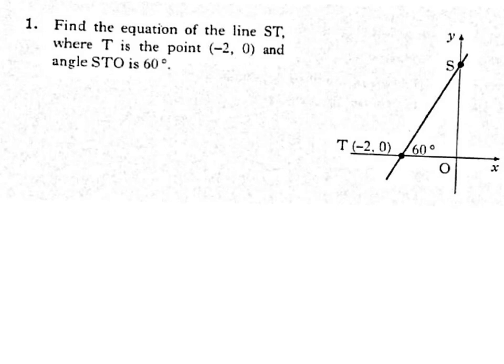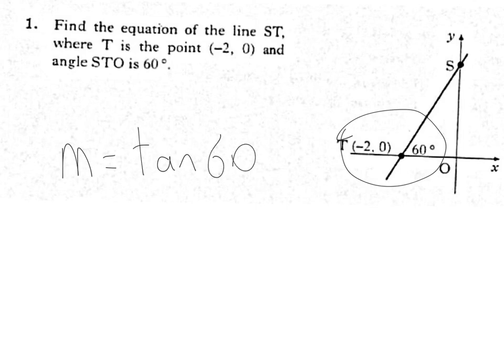Section 15, question 4. Find the equation of the line ST, where T is the point (-2, 0), and the angle of ST was 60 degrees. So, to find the equation of a straight line, I need a point and a gradient. I'm going to first of all get the gradient from m = tan θ, angle being 60 degrees. So tan θ, exact values, that's √3.